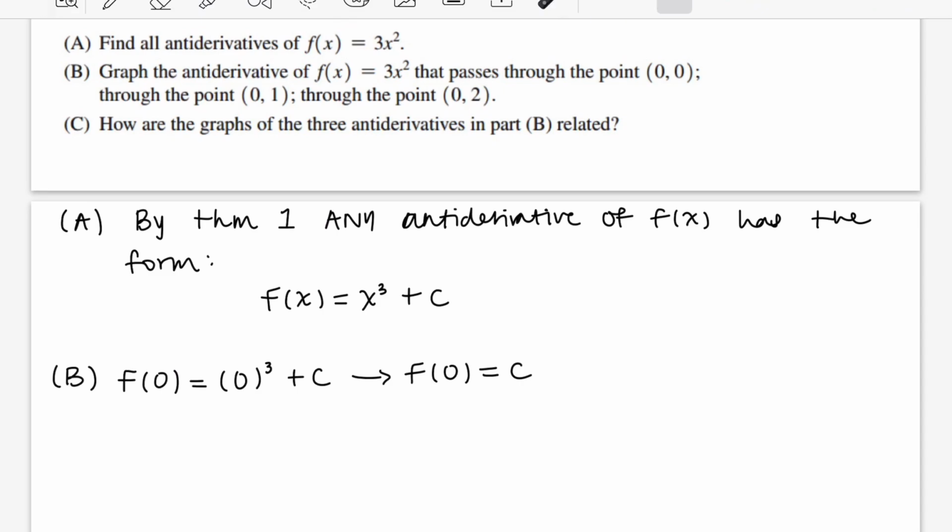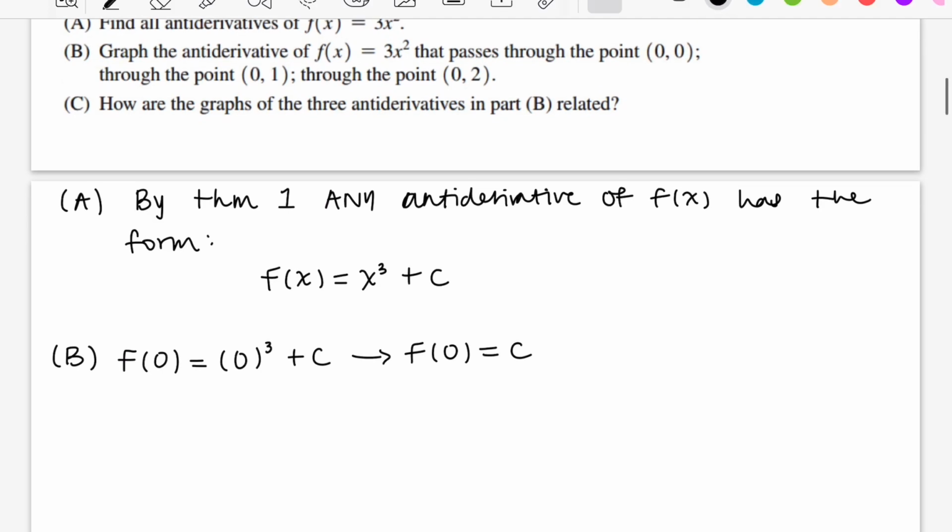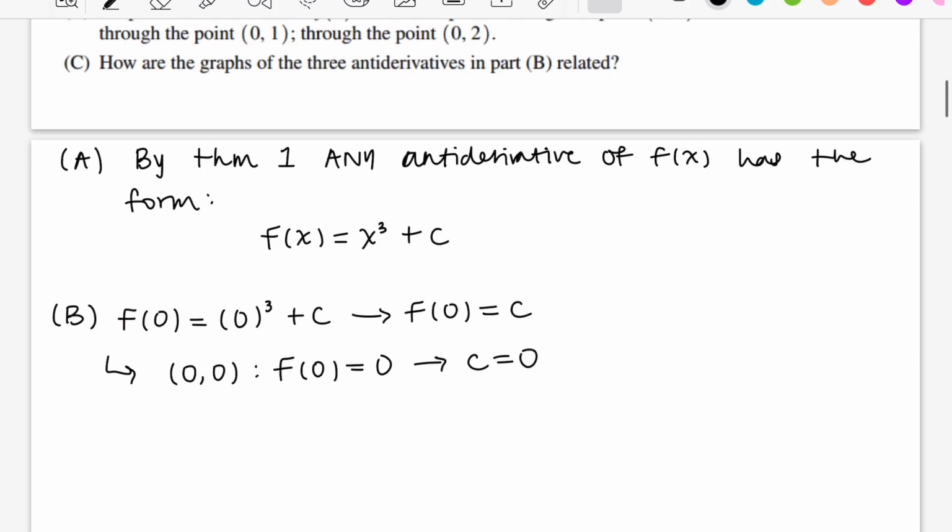And then we know that when we plug in 0 into our function, the output is going to be 0 as well. So this tells us that at this point here, f of 0 is going to be 0, and therefore c is going to be 0. Because we said f of 0 is equal to c, and we know that f of 0 is equal to 0 in this case.